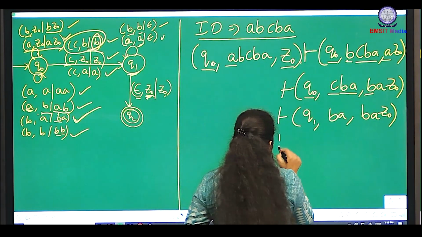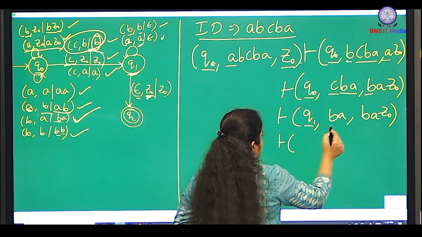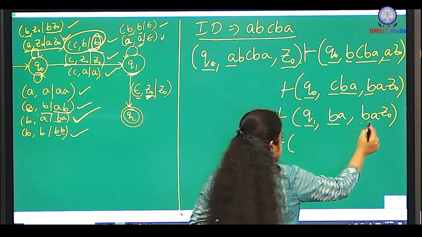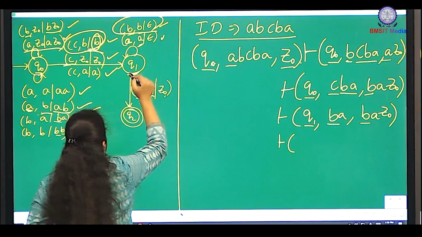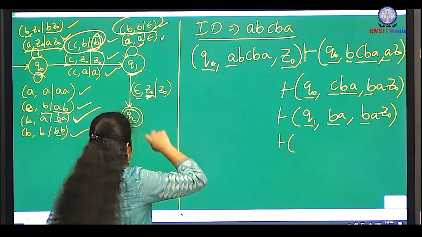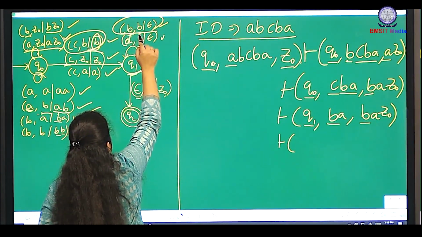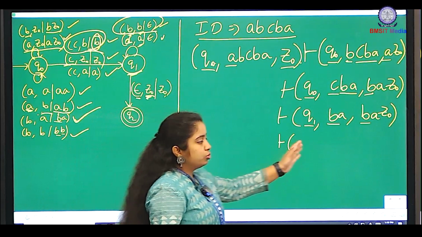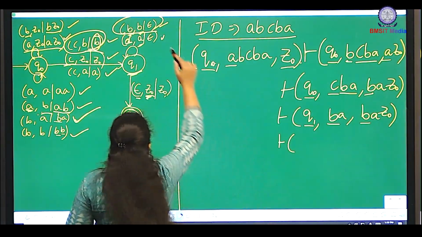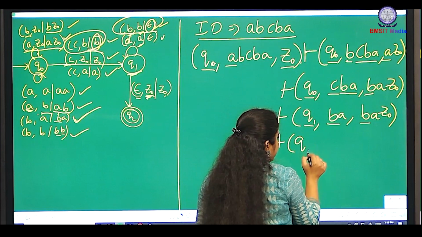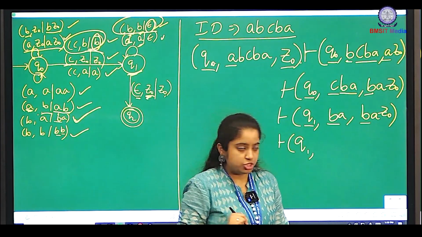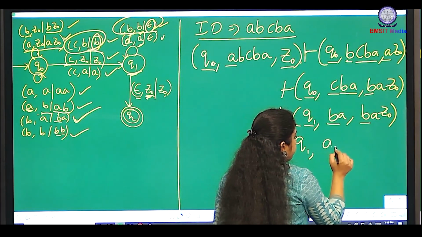Now you are in state Q1. Q1 is reading B and stack symbol is B. So yes, we have the transition here for state Q1. B is the input symbol, B is the stack symbol. As per this transition, you pop. So you will stay in Q1, and A is the remaining string.